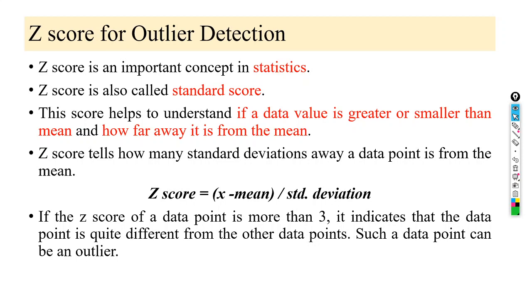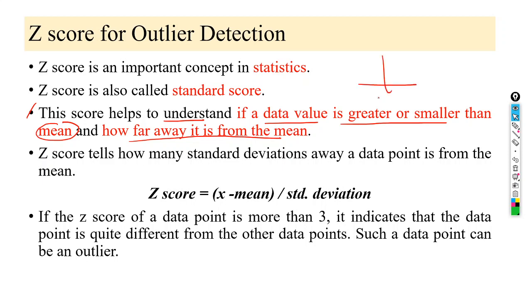This is the most important point, just try to understand. The z-score helps to understand whether the data points are greater than or smaller than the mean value, and how far away from the mean. For example, this is the mean.